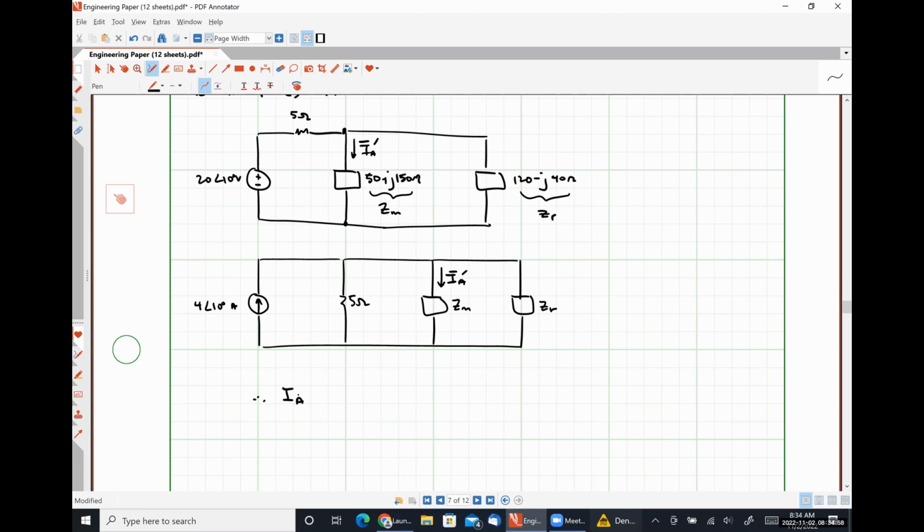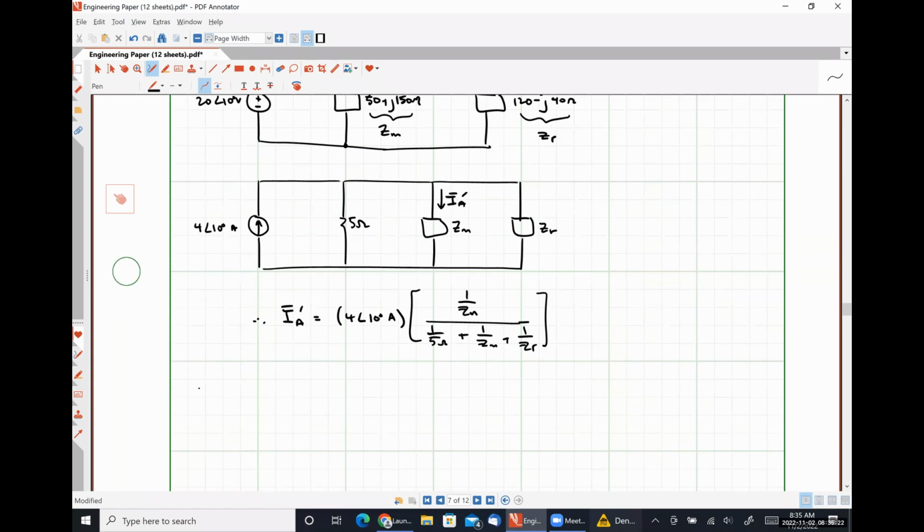And we could say that IA prime is 4 angle 10 degrees amps times 1 over ZM divided by 1 over 5 plus 1 over ZM plus 1 over ZR, whatever that came out to be. Then we would work the problem again with the voltage source off and the current source on.